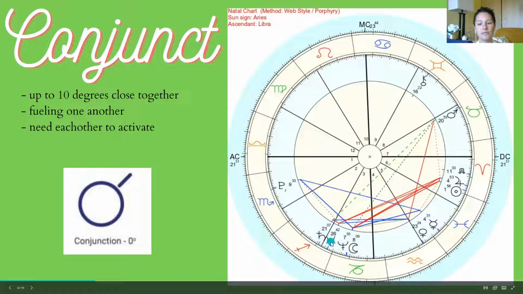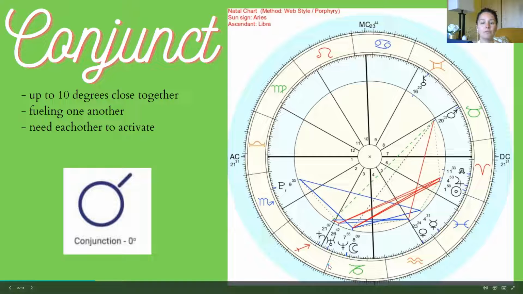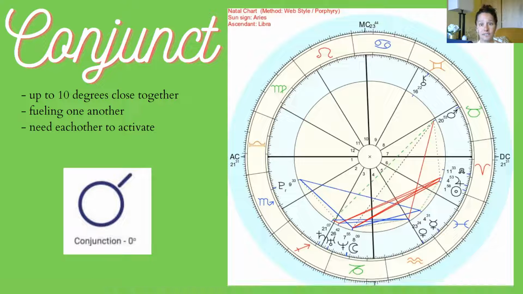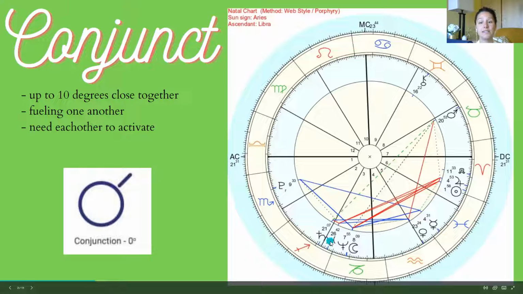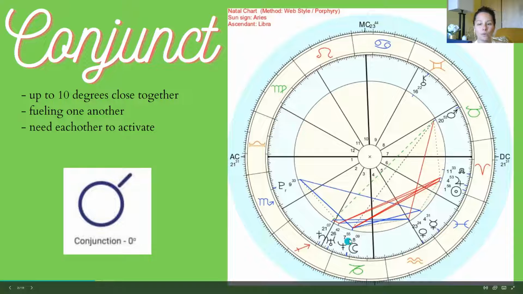Actually, the 7 and the 26 are within 10 degrees as well, because each sign is 30 degrees. After this 26, it would be 27, 28, 29, 30, and then you'd add 1, 2, 3, 4, 5, 6, 7. So it's actually 11 degrees apart. So it's almost conjunct, not considered conjunct, but very close.